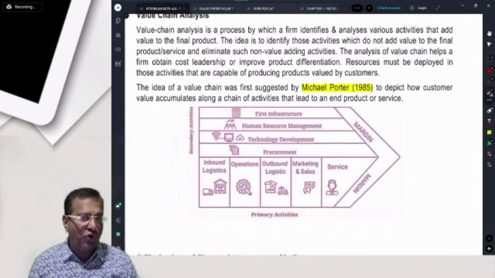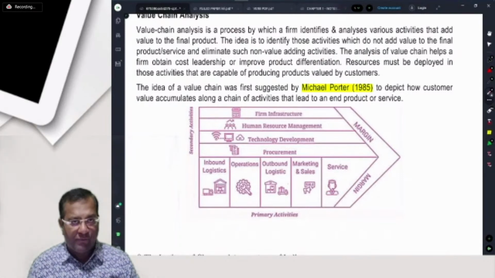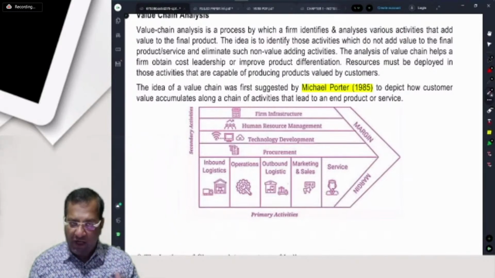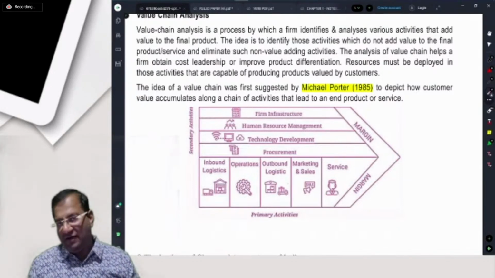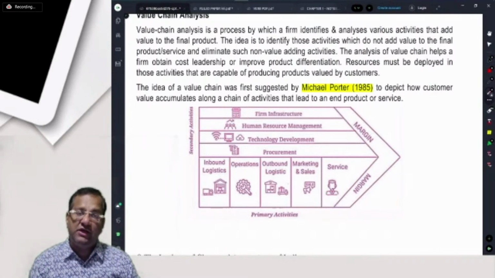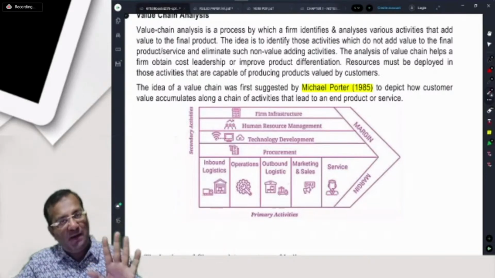We can also call it support activity. So basically, different activities in the organization are first bifurcated into two: primary and support activity. Michael Porter has further divided primary activity into 5 primary activities.